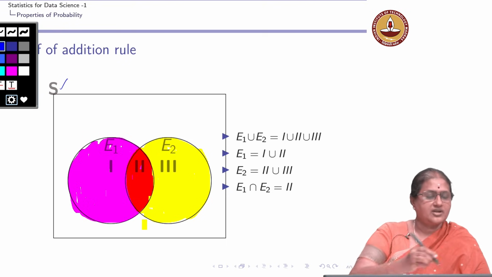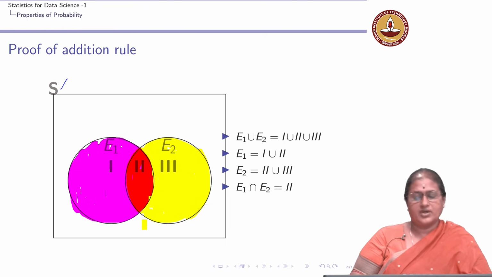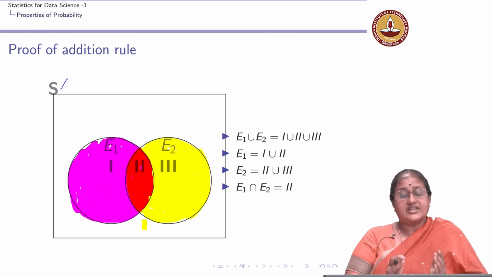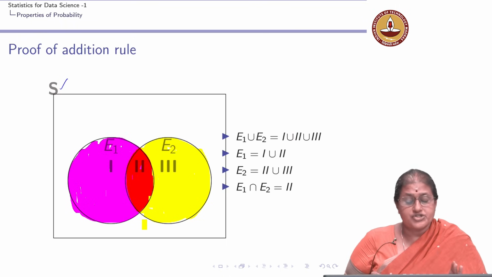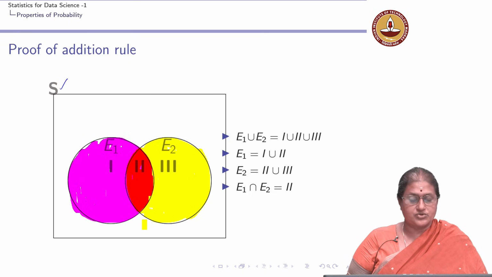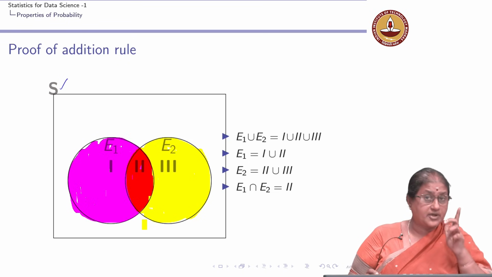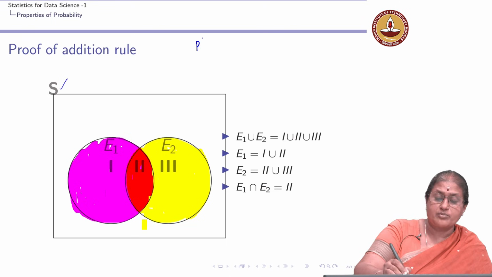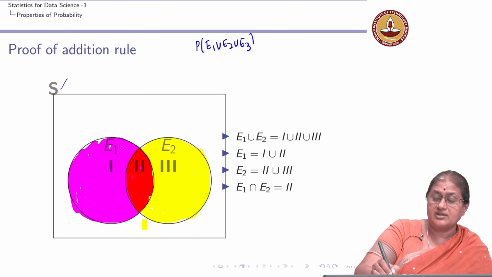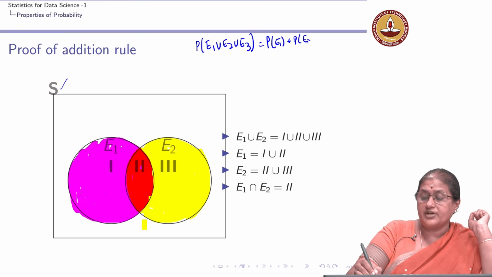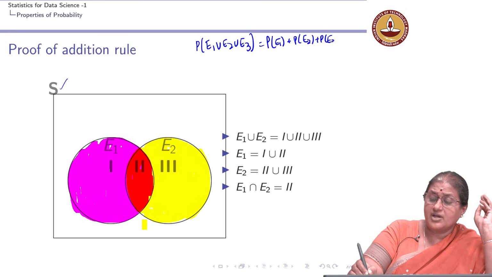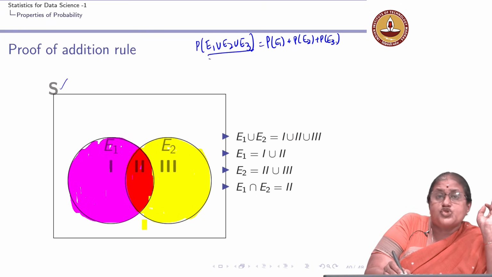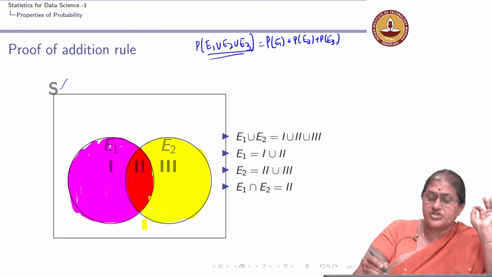E1 intersection E2. Okay. So, we see that E1 and E2 are not disjoint and they are not mutually exclusive, but I have an axiom which says probability of E1 union E2 union E3 equal to probability of E1 plus probability of E2 plus probability of E3, provided they are mutually exclusive or disjoint.